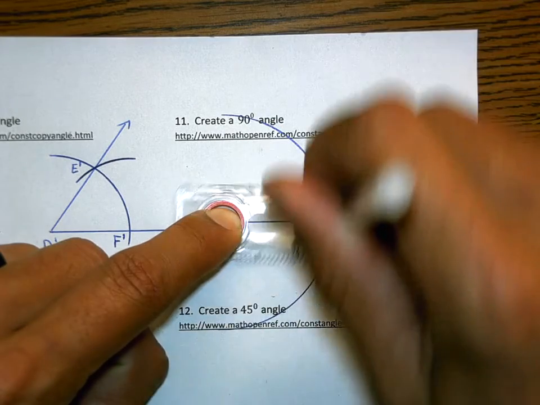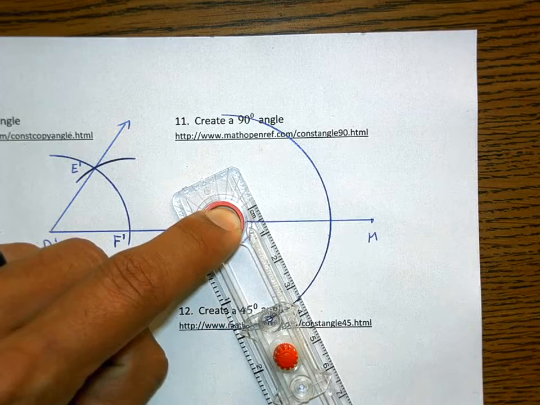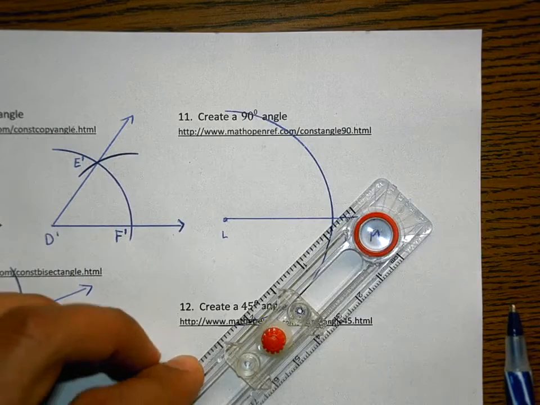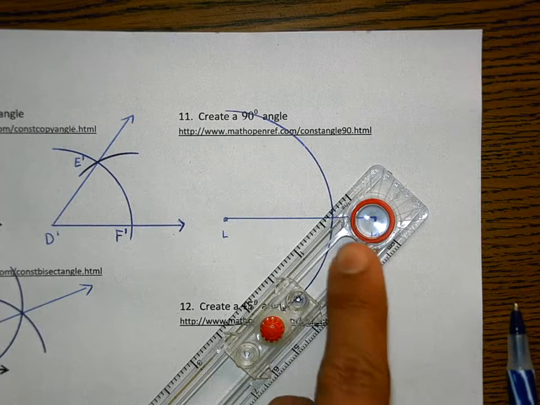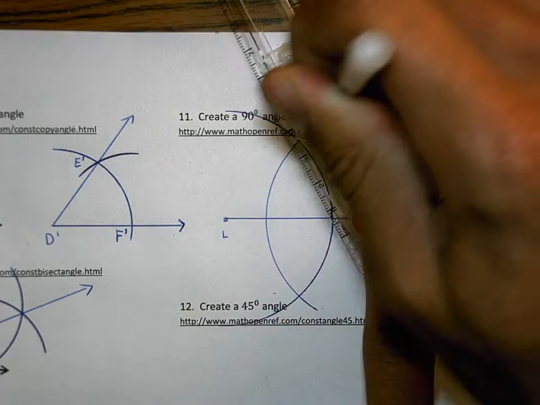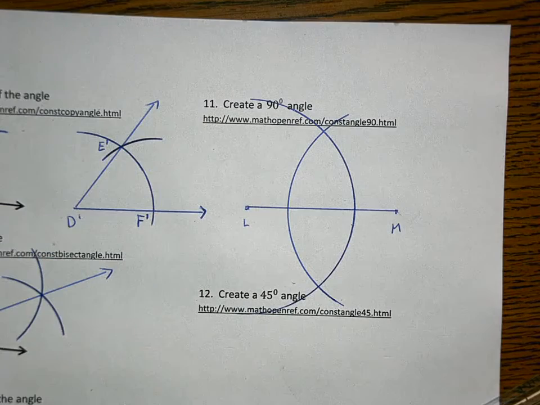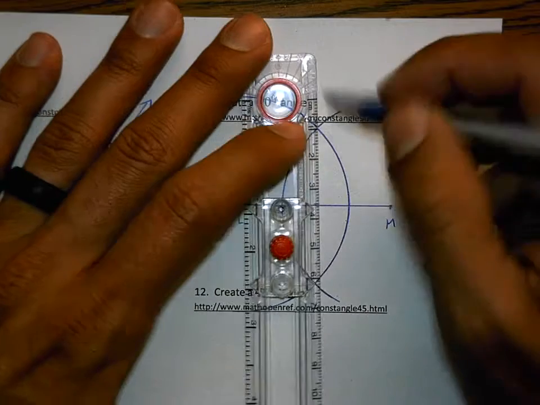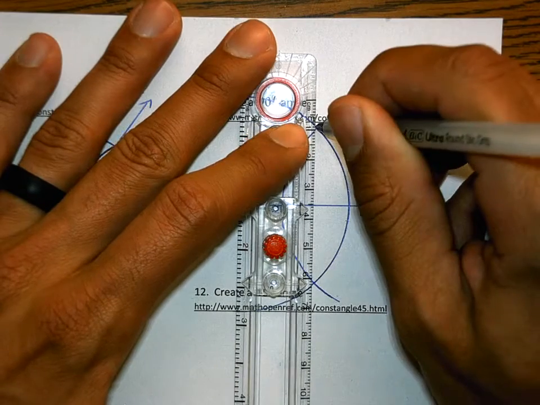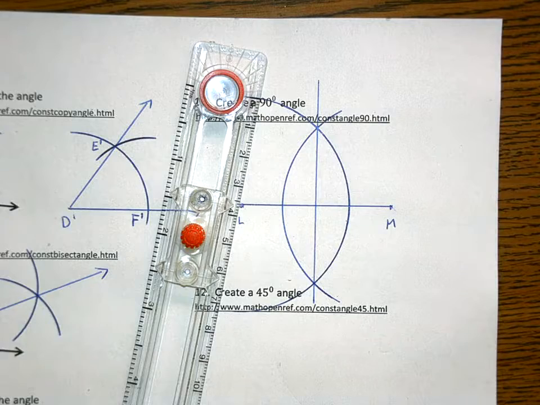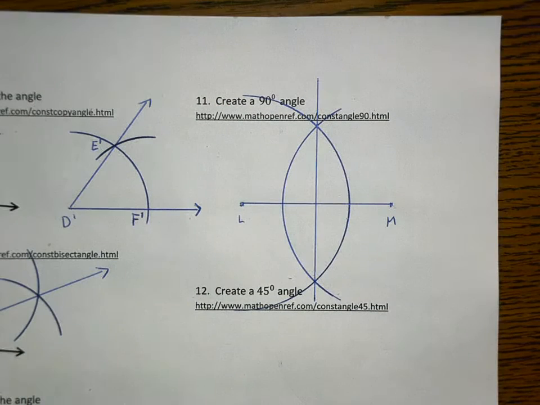I'm going to use more than halfway from L, and then I put the bullseye on M, and I go more than halfway from M, same distance. And what do we have when we connect the dots? Connect the X's. A right angle. Which is a perfect 90 degrees.